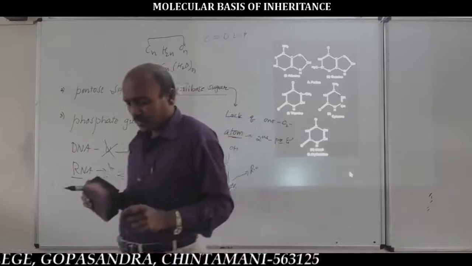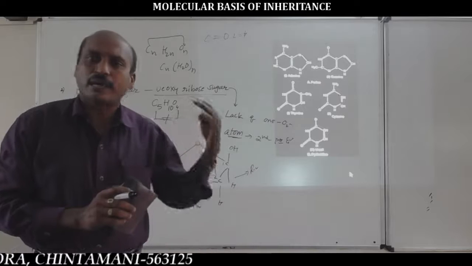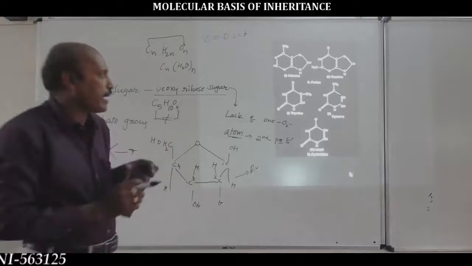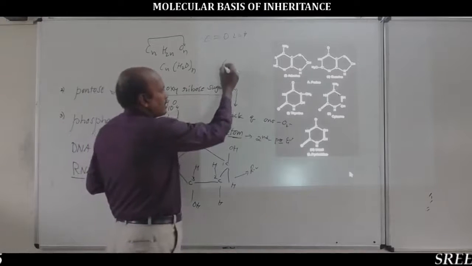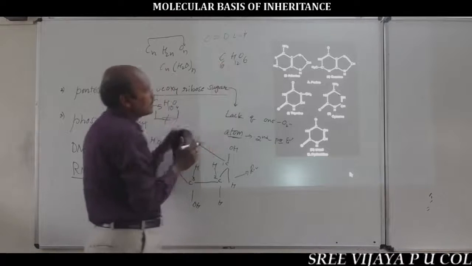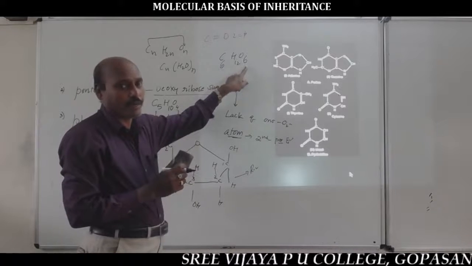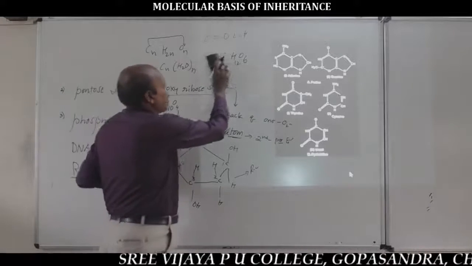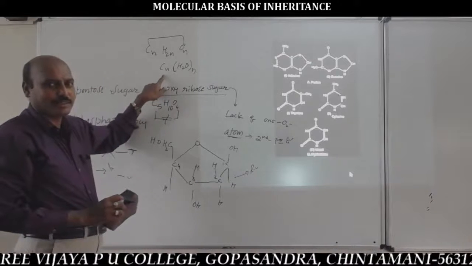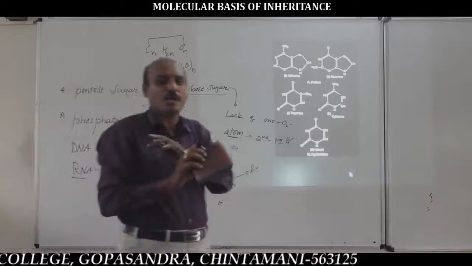That's why the empirical formula of carbohydrates is CnH2nOn. Example, glucose, a hexose sugar, is C6H12O6, following the CnH2nOn formula.